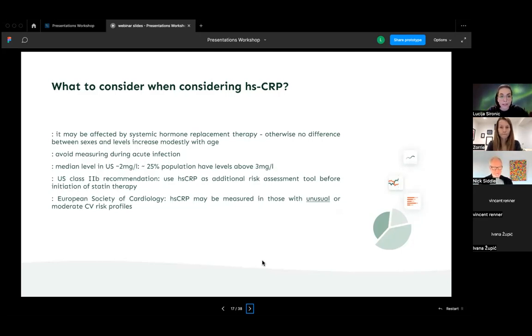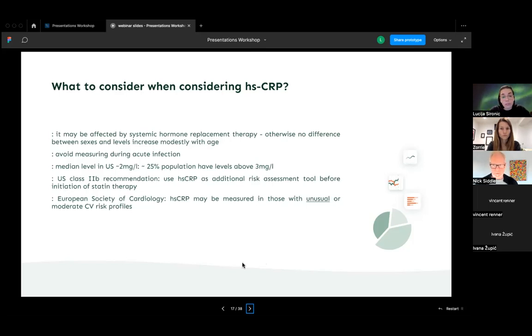trauma. It's interesting that in the US, if you look at the adult population, 1 in 4 people will have levels above 3, which means that they are in that high risk group of cardiovascular events. So definitely something to bear in mind, thinking about how common it is.